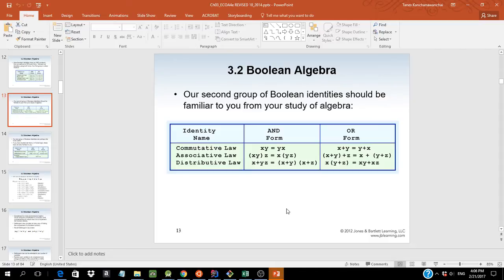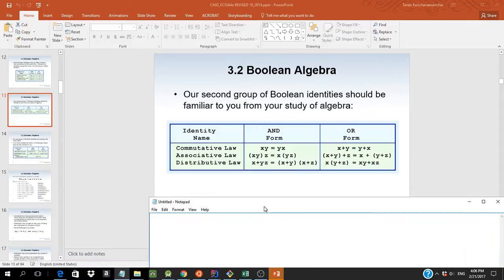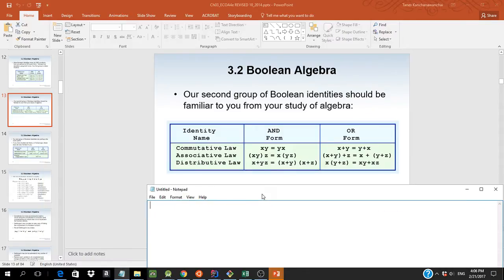I wonder if I can draw this one. First we talk about distributive: x times x, plus x times z, plus y times x, plus y times z.